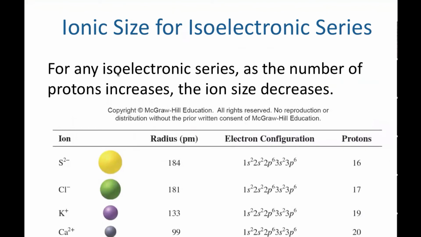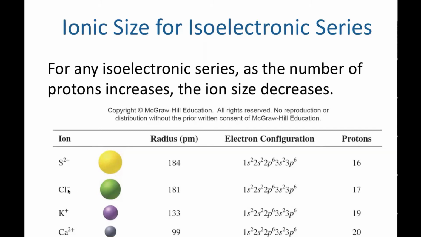You can also predict size for isoelectronic atoms. For any isoelectronic series, as the number of protons increases, the size decreases. So if I look at sulfide, chloride ion, potassium ion, calcium ion, scandium ion, all of these are isoelectronic. They all have the electron configuration of argon, right?